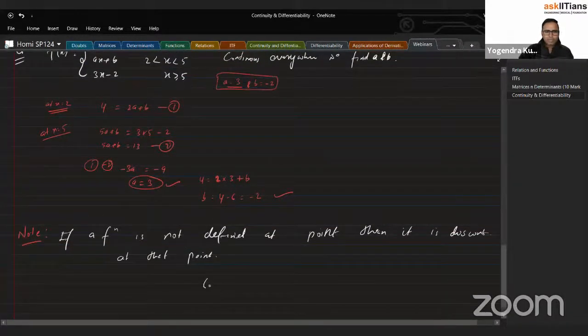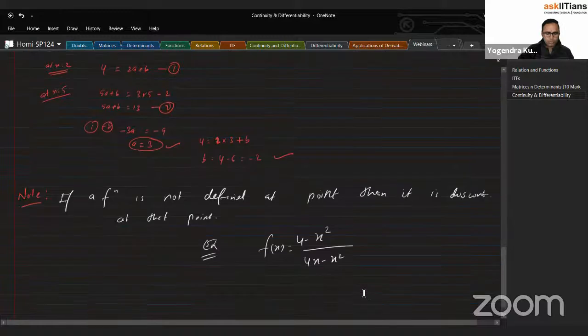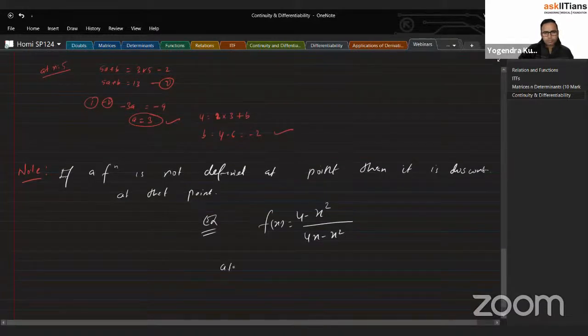Suppose, for example, f of x is given as 4 minus x squared divided by 4x minus x squared. Now at x equals 0 or x equals 2, what will happen here? At x equals 0, it will not give any value; we will get 4 by 0.